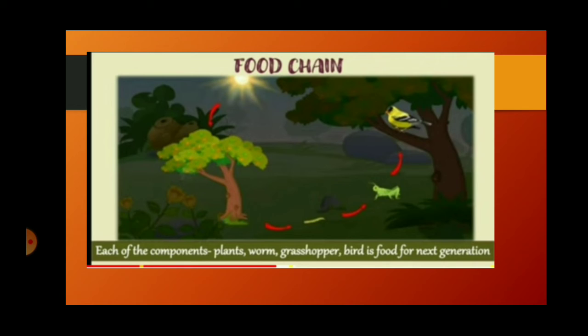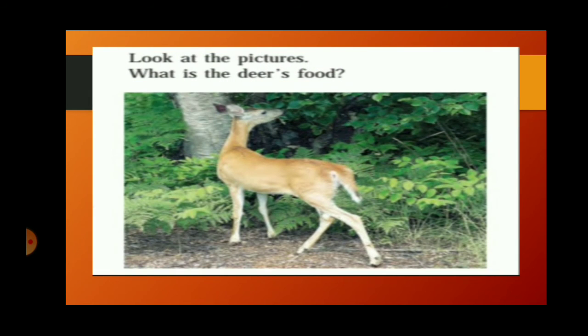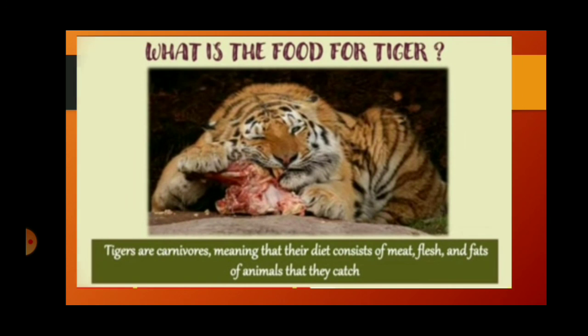Okay children. Now look at this picture. What is the deer's food? Do you know? Do you have any idea about that? Yes, plant or grass is the food of deer. They eat plants or different types of grass. Now, look at the second picture.